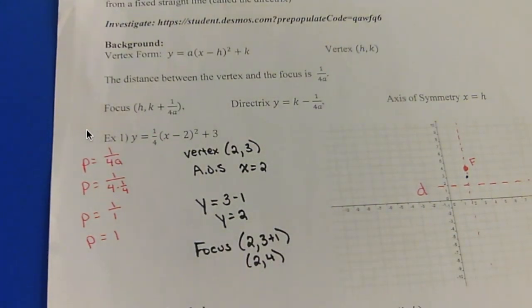Now, the one other thing that I forgot to put on this worksheet that is really, really helpful, it's called the focal diameter.